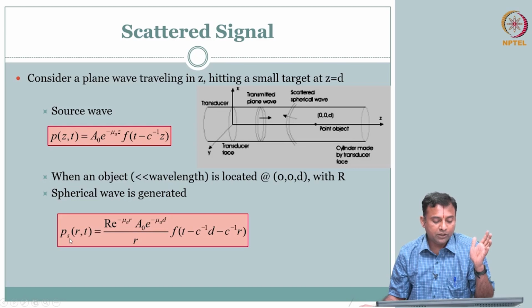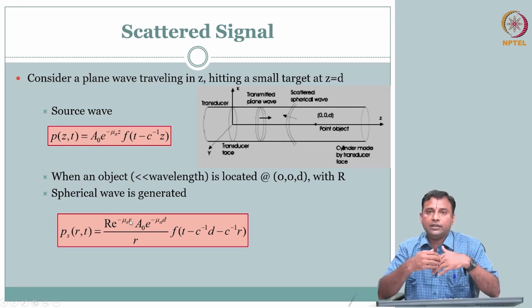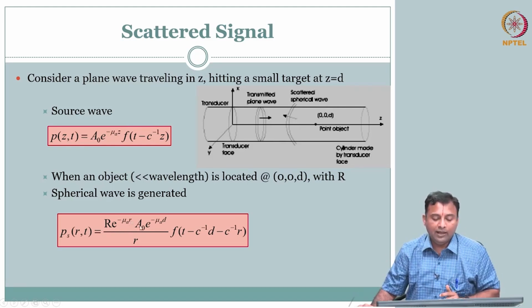You can write the equation for the spherical wave as P_R of t, with R as your reflection coefficient, times exponential of minus mu A r. So after it comes, it is decaying with r.